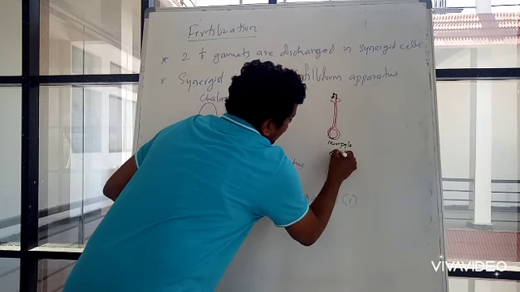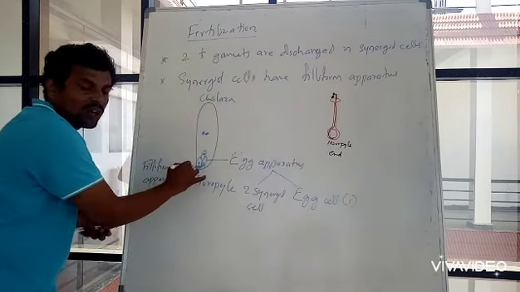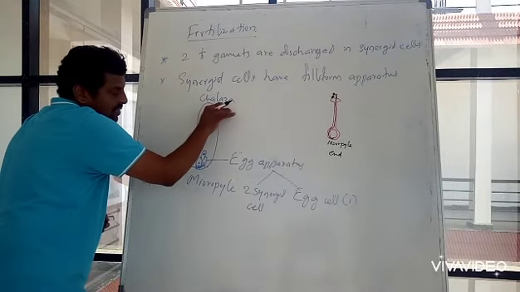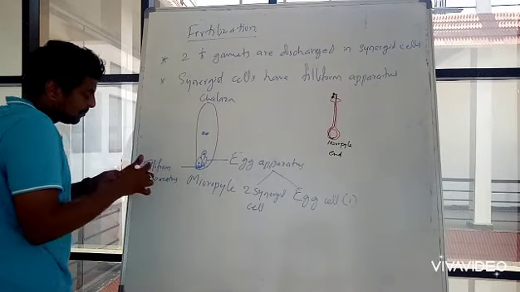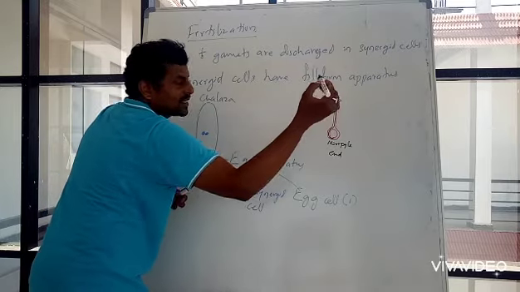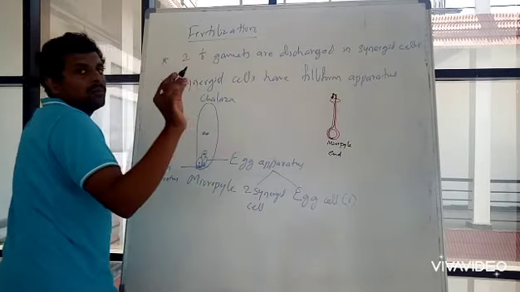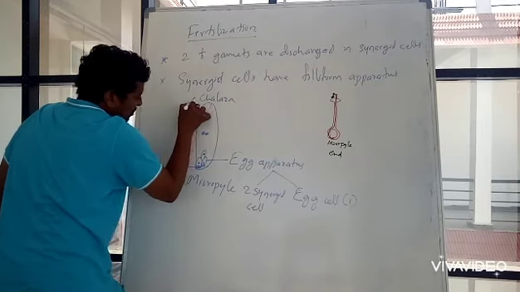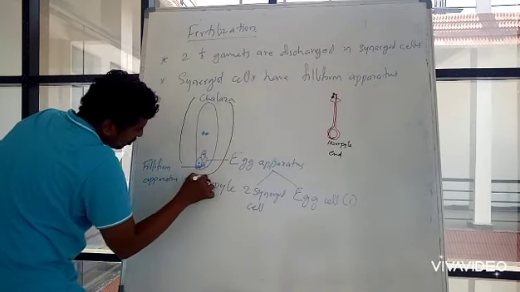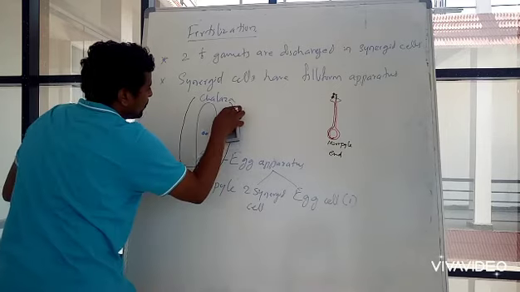The same thing I have already drawn here. This is the chalaza end and this is the micropyle end. I am going to use black color to show the movement of the pollen tube.